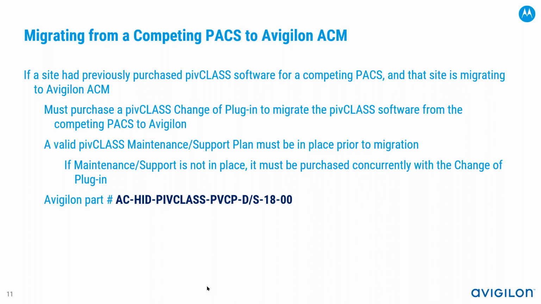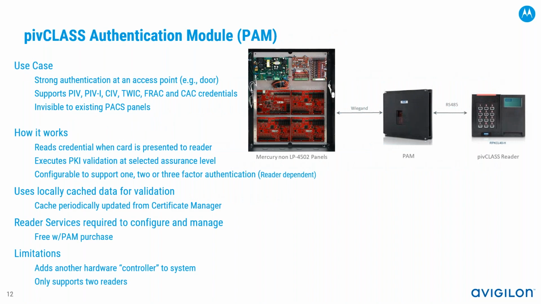All right. Now we're going to get into the more interesting part, which is the hardware that goes along with this. So I put this in here. There are basically two versions that you can utilize to read a card from a reader, authenticate that information, and open a door. Let's assume for a second that the scenario we're presenting now is that the card holder is already registered in ACM.